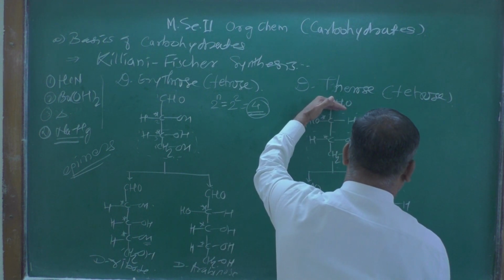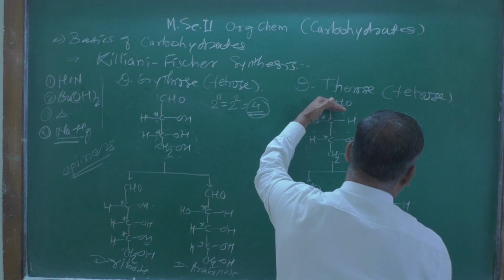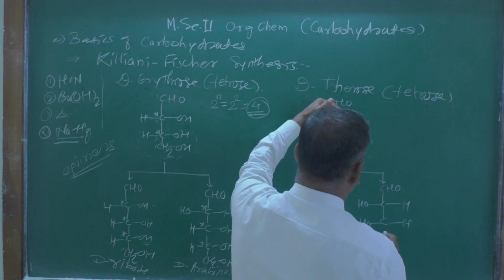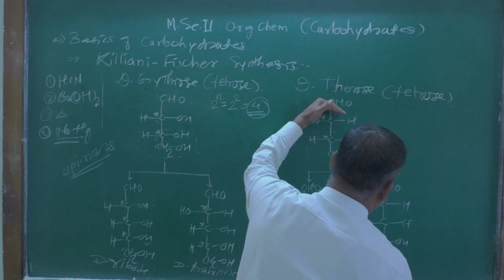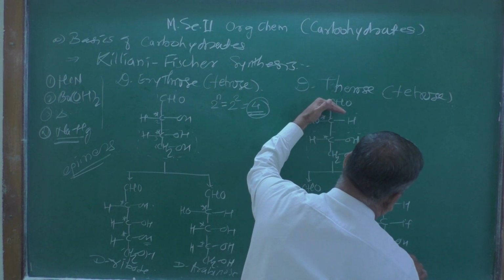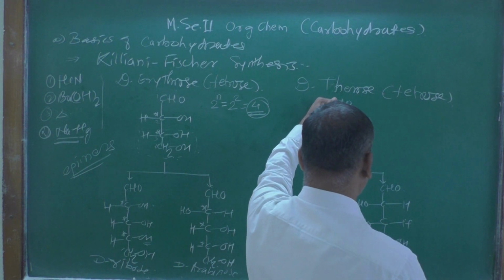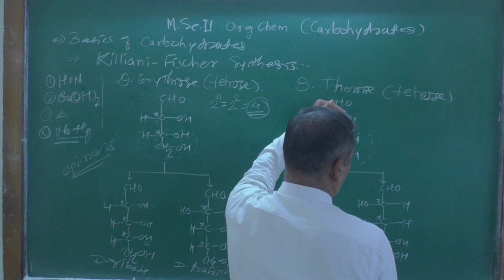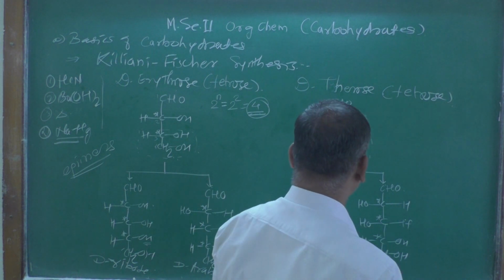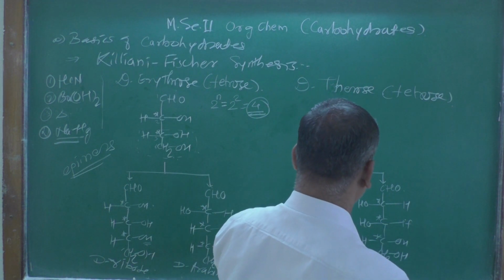Look at here, hydrogen atom here, one H over there. Now this one OH and this hydrogen atom, the next one is the CH2OH.